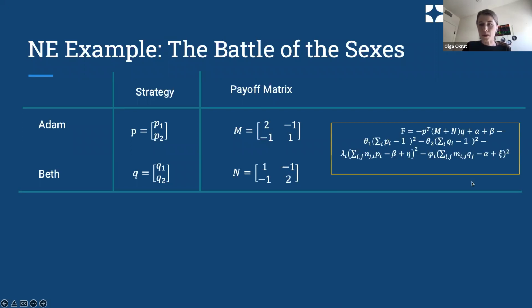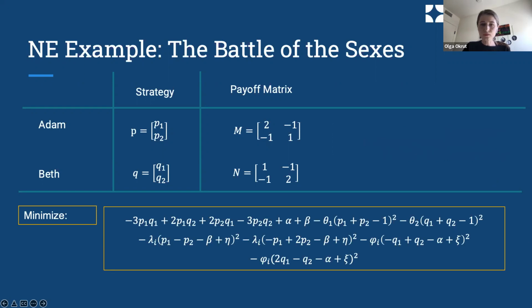And taking into account the objective function together with the penalty terms that I just defined in the previous slides, we can construct the objective function for the battle of the sexes example. Again, we want to maximize the total payoff, but since we cannot do this on the quantum annealers, we will minimize and consider everything with the opposite sign. So the objective function for this game will be with the opposite sign.